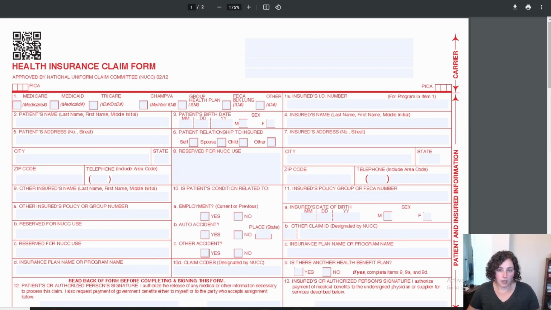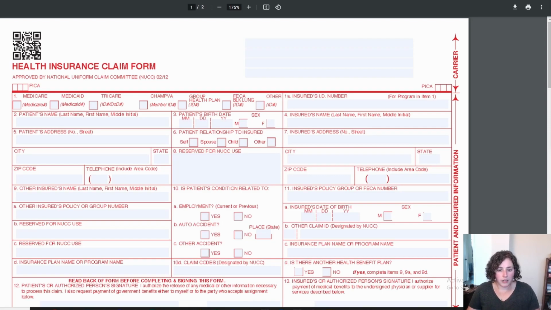Now with an EMR like Simple Practice, that payer ID actually generates automatically with the CMS 1500 form. If you're using Office Ally, you would search for the payer and then the payer ID would generate for you. If you're filling this out from scratch, you would need to find the payer ID, which is sometimes on the back of the insurance card, or you would go to the provider section of the website for the insurance and find the payer ID that way.